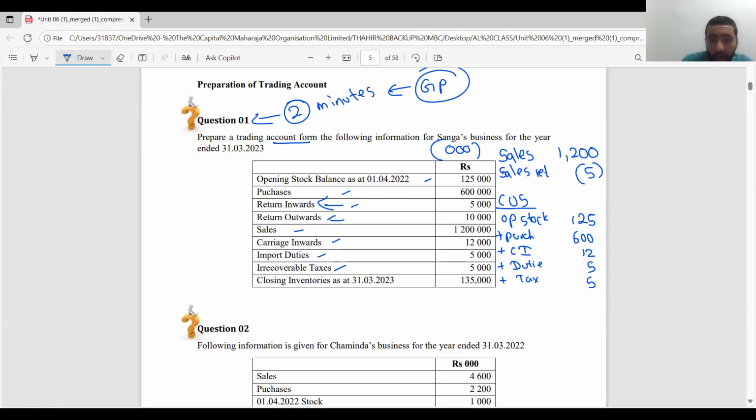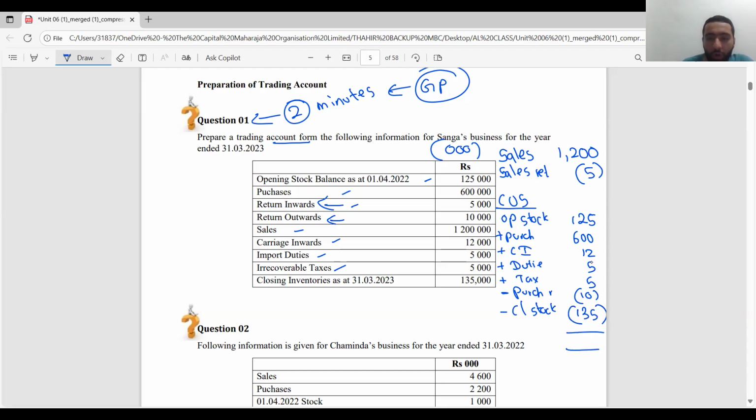Return outwards. You have to reduce purchase return, right? Why? We have learned this in the formula. Return outwards is how much? 10,000. And then closing stock 135. You have to reduce this as well.